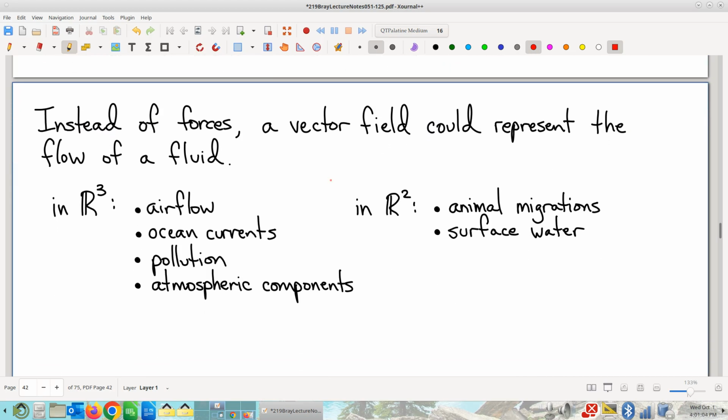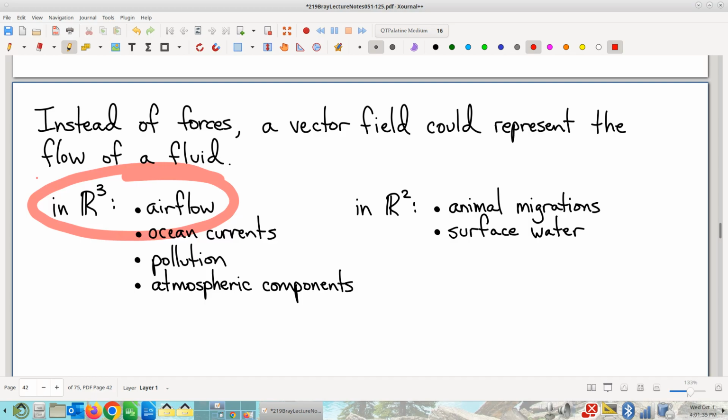Okay, so we talked about how vector fields can represent forces. That's nice. We also have talked about, we kind of waved our hands anyway, at how vector fields could represent flows of fluids, right? And I have talked about a couple of examples. Airflow is an easy and obvious example. Here we are in a three-dimensional room. I hear the air conditioner is on. There's a certain amount of airflow, not very much, but it's enough.